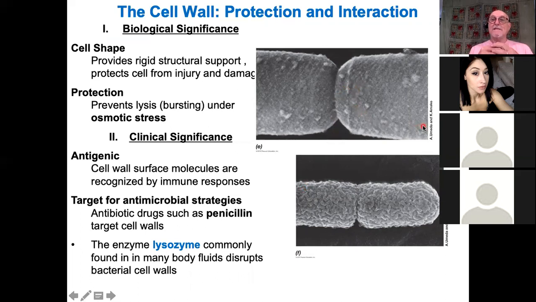Because what happens is that as water passes into it, the cell swells up until it hits the cell wall. And then it swells against the cell wall, but the cell wall stops it from swelling anymore. And once that point is reached, then the pressure within is the same as the pressure outside.